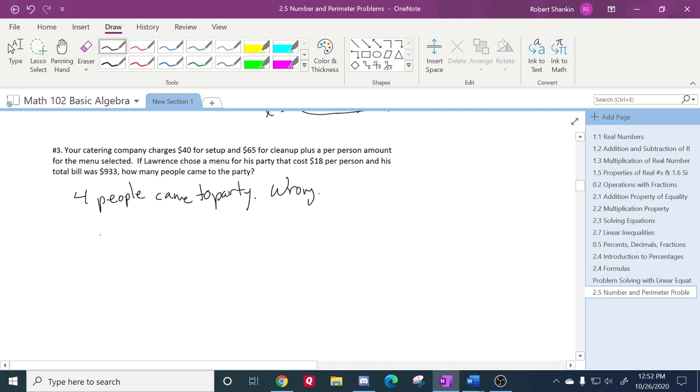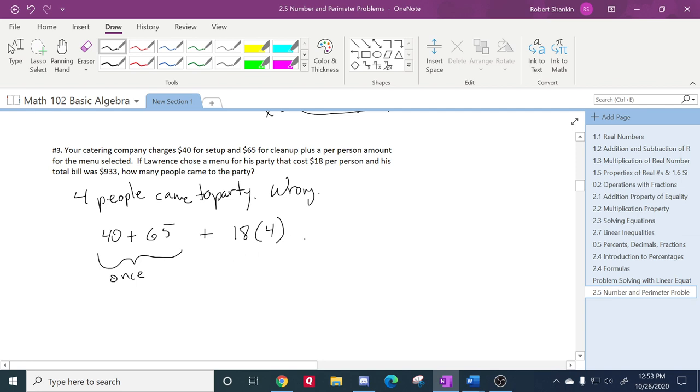The setup and cleanup is 40 plus 65, but this all happens once. Plus $18 per person times the 4 people who came.